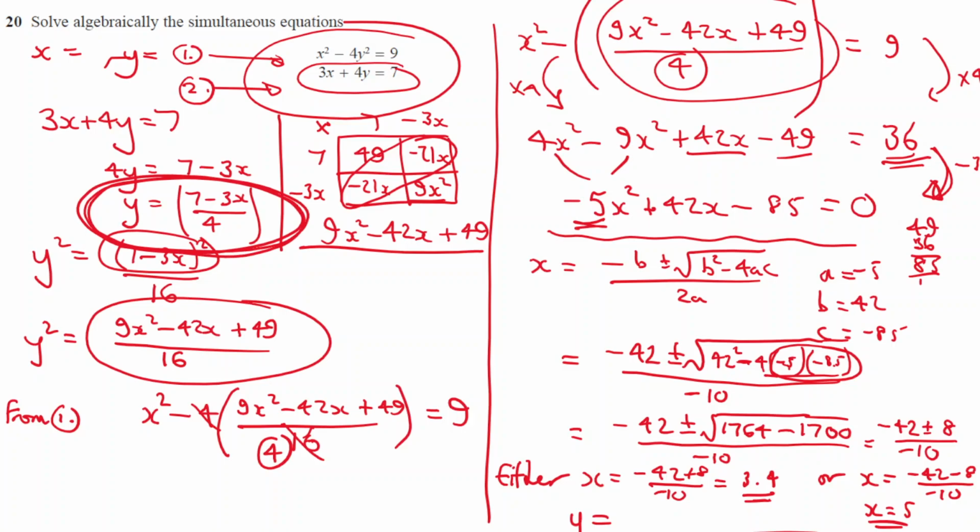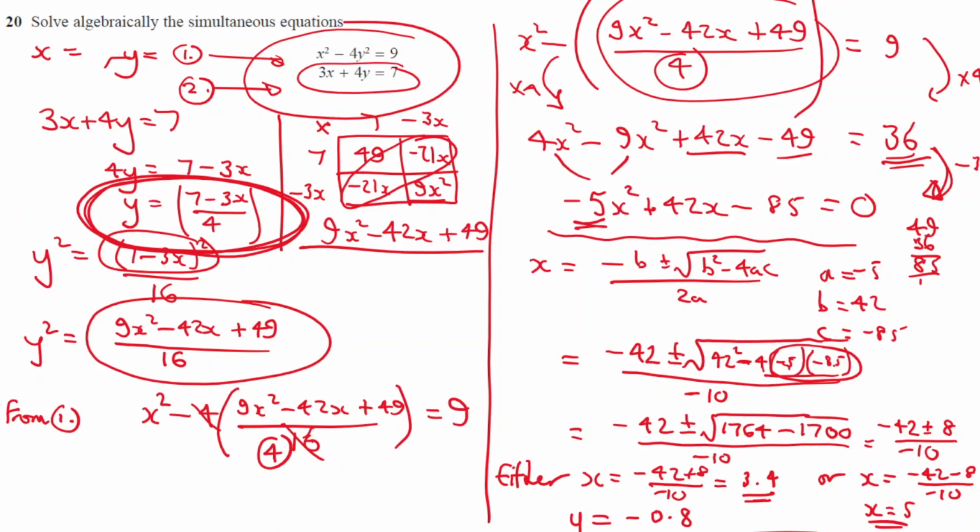So again on the calculator, I've got 3.4, so fraction button, on the top, 7 minus 3 lots of 3.4, all divided by 4. That's going to give me negative 4/5, and I've written my first value as a decimal, so I'll keep in the same format.